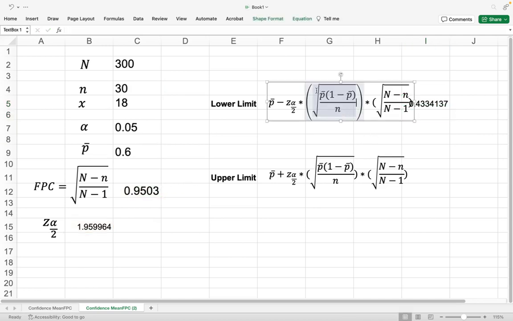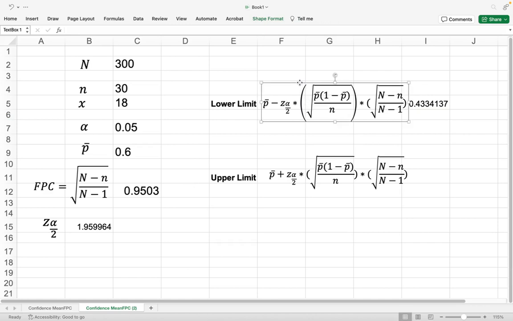It's the lower limit of the confidence interval. The lower limit of the confidence interval is 0.4334. What about the upper limit?